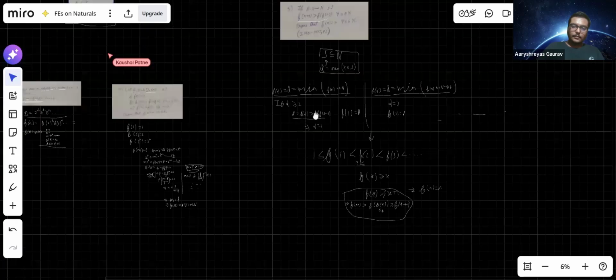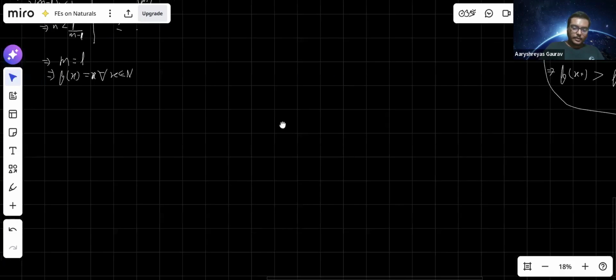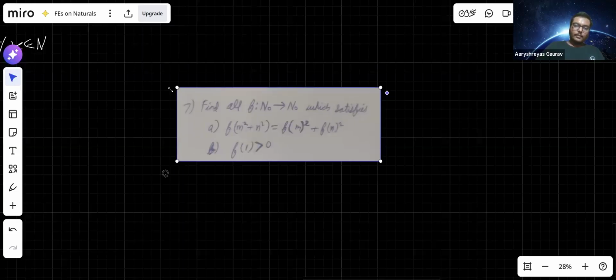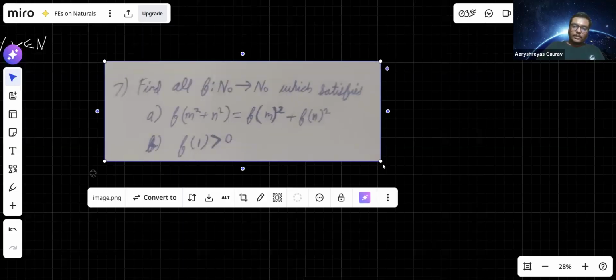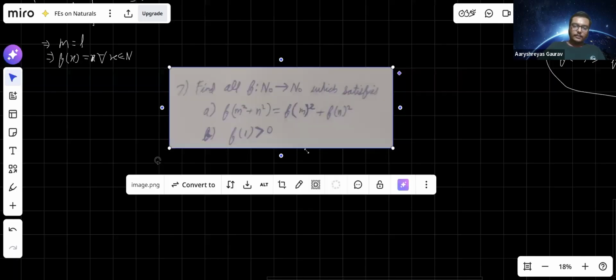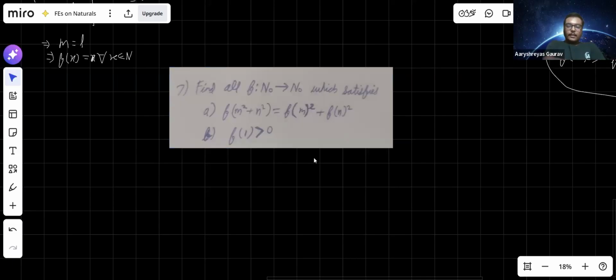We can do it here. So this is our next problem that we are going to discuss. Is anyone having any ideas on this?